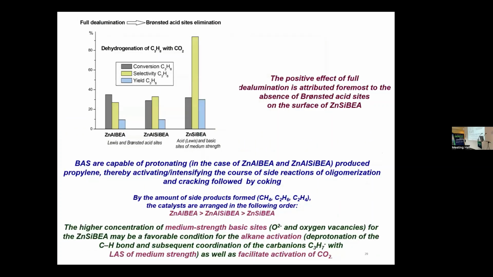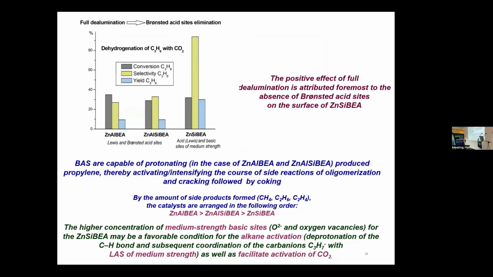So now we can show what happened when we do desalumination. Full desalumination, as we see here, leads to Brønsted acid site elimination.